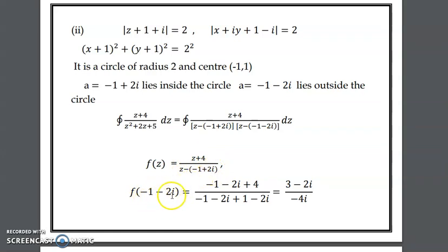So f of minus 1 minus 2i: replace the z value, minus 1 minus 2i plus 4 divided by minus 1 minus 2i plus 1 plus 2i. Here minus 1 plus 1 cancel, and 4 minus 1 is 3 minus 2i divided by minus 2i minus 2i, which is minus 4i.